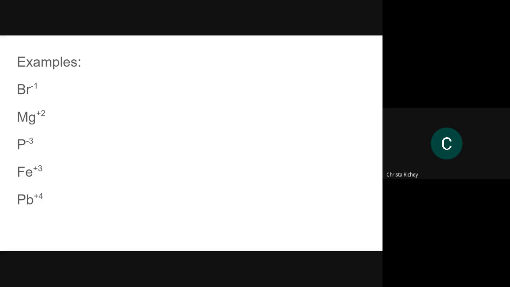All right, so example time. On the back, we have a few of these that we're going to name. What is the name of that? It comes from bromine. What is the name of its ion? What did I say you change -ine to? -Ide. So bromine becomes bromide.